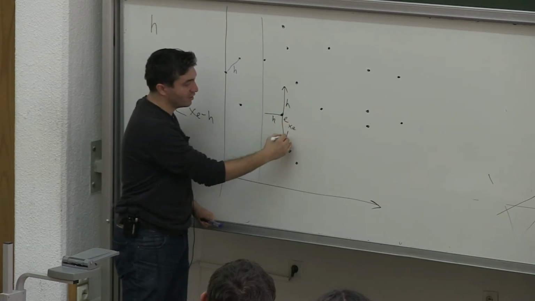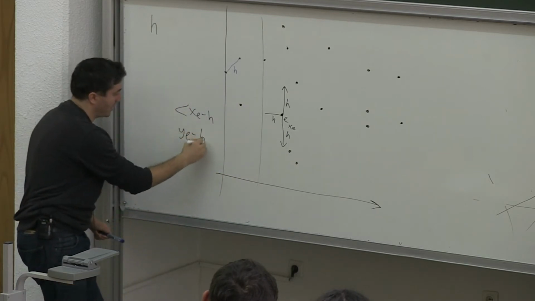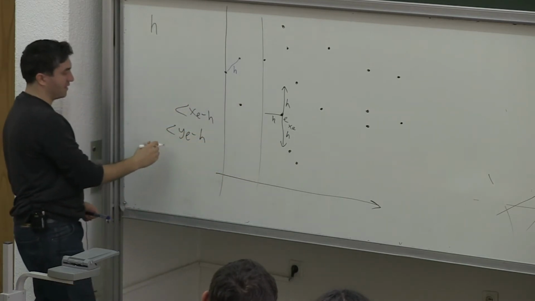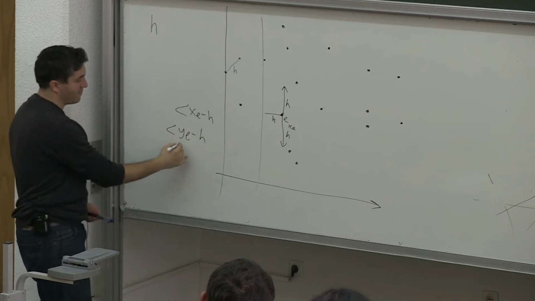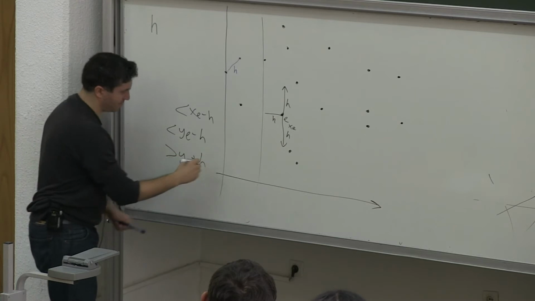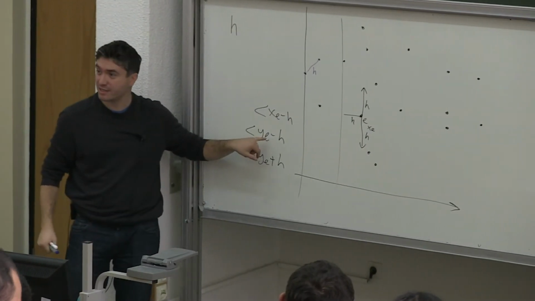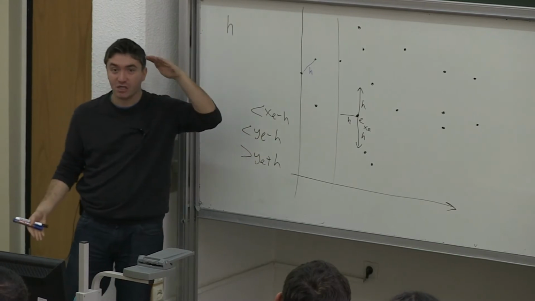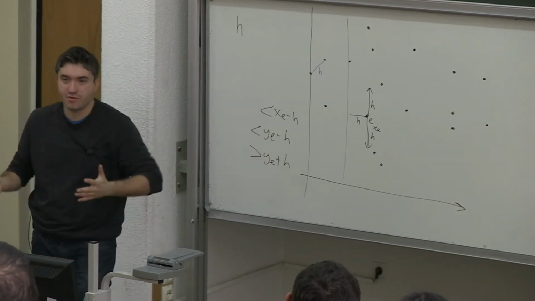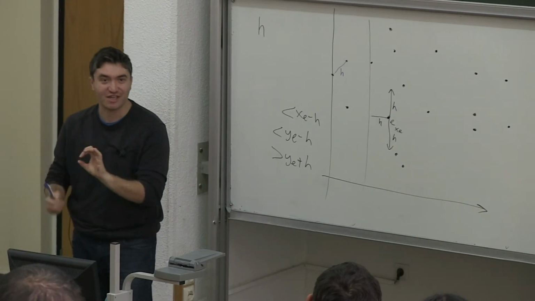You don't want to look for points which have y coordinates, for example, smaller than ye minus h and greater than ye plus h. For these points which have y coordinates outside this range, it's impossible to have a distance smaller than h to this point.